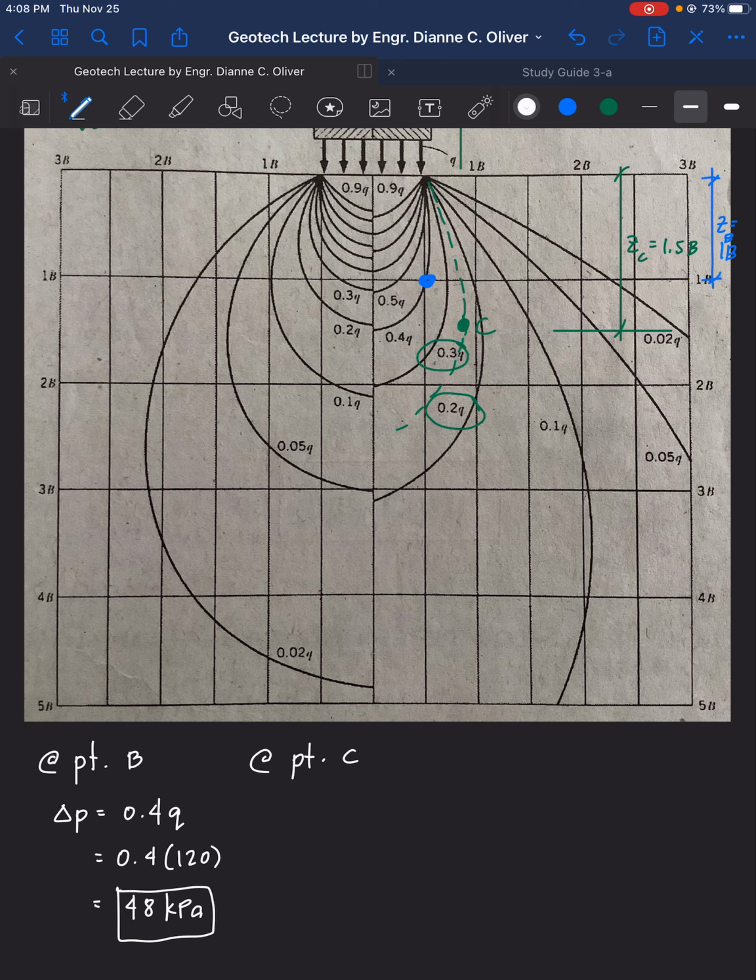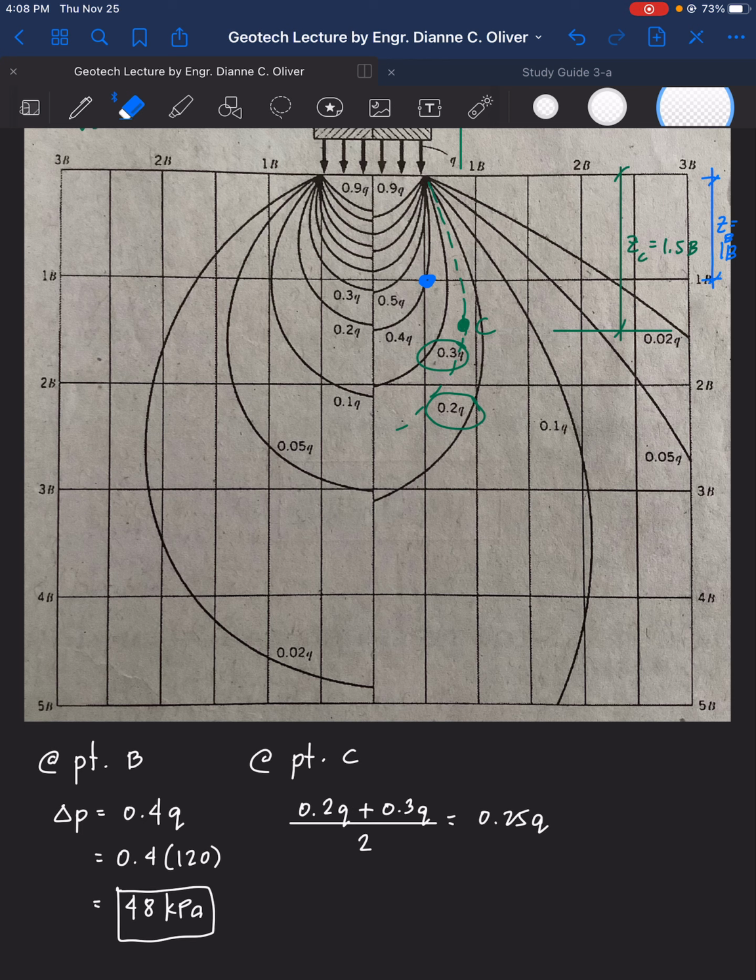So what we do here is we have point 2Q plus point 3Q, because I approximate it as in between them, so I just divide it into 2. That is equal to 0.25Q.